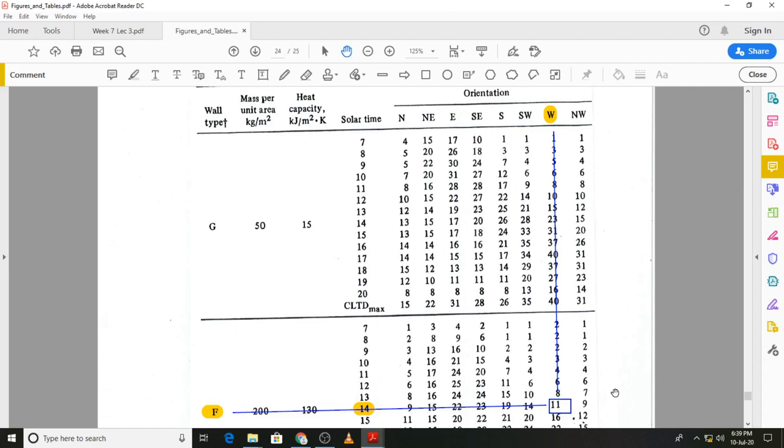Once again, you will use the same formula for finding out the value of CLTD adjusted, which comes out to be 12.5 degree C. And then we move to the heat gain, and I'll go directly to the solution to see the result of the calculation.